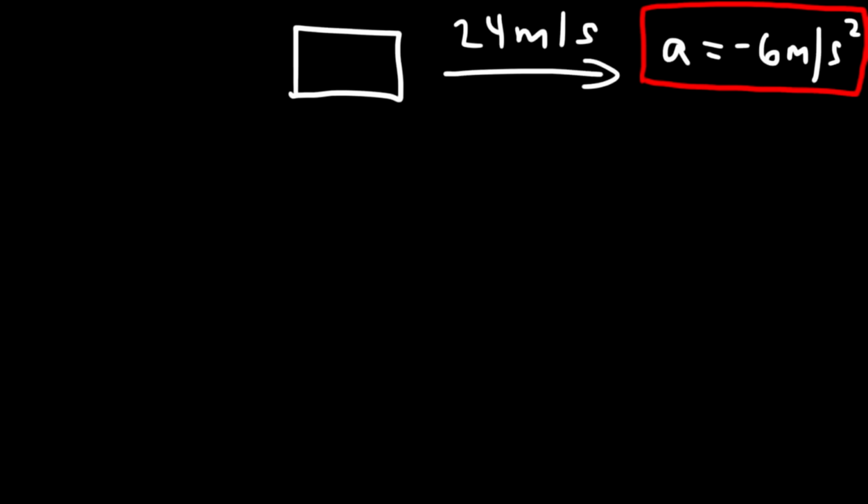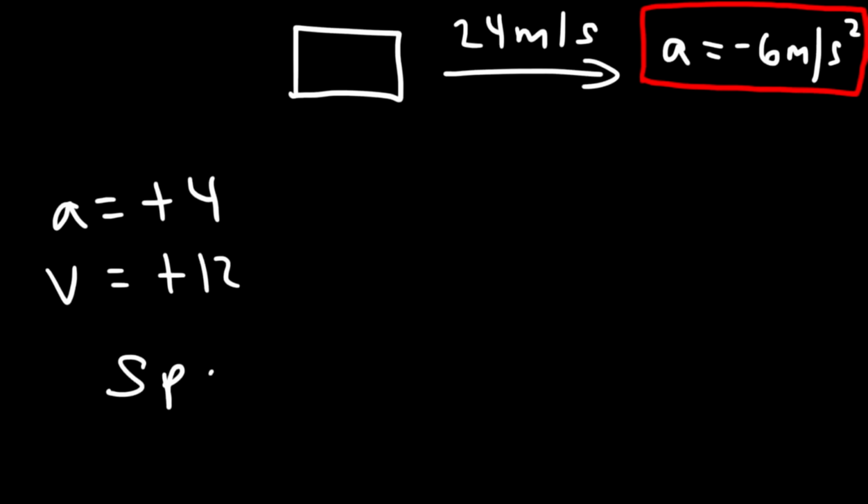Whenever the acceleration and velocity have opposite signs, the object is slowing down. Whenever they have the same sign, it's speeding up. In the last example, the acceleration was positive 4 and the velocity had positive values, it started with positive 12. And so because velocity and acceleration have the same sign, the object was speeding up.